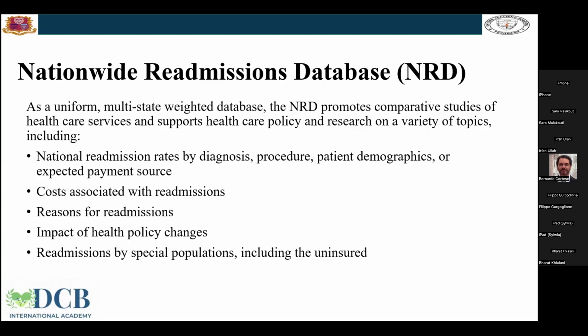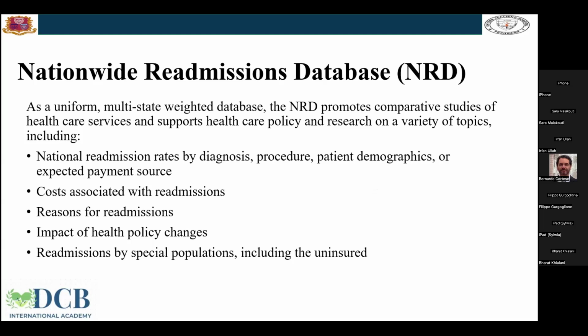NRD is a multi-state weighted database, and it provides very large information: national readmission rate by diagnosis, procedure, patient demography, expected payment sources, cost associated with readmission, reason for readmission, and impact of health policy changes, readmission by special population.